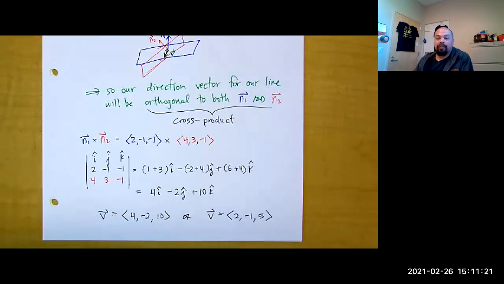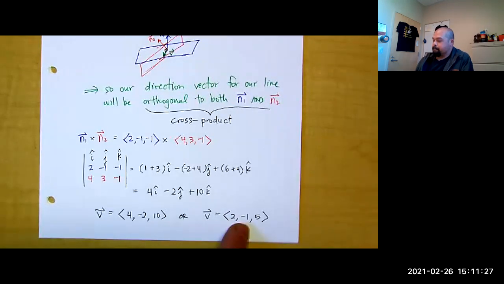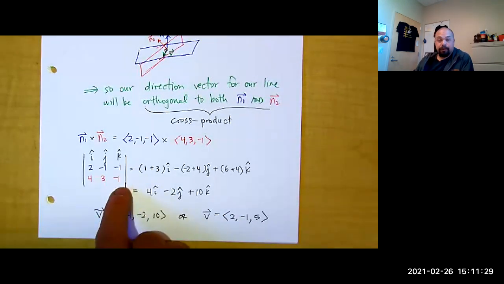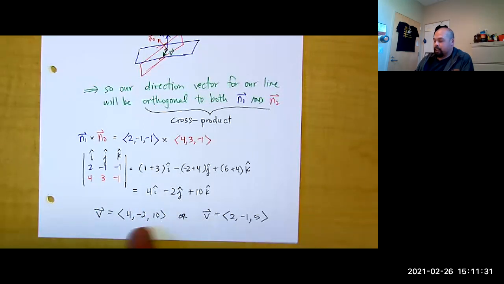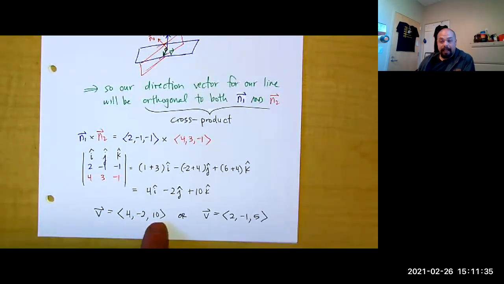You can even make it a unit vector if you so desired. And depending on which vector you put first or second here, we might get similar constants, but opposite signs: -4, +2, -10. It's just going that opposite negative direction, if you will.